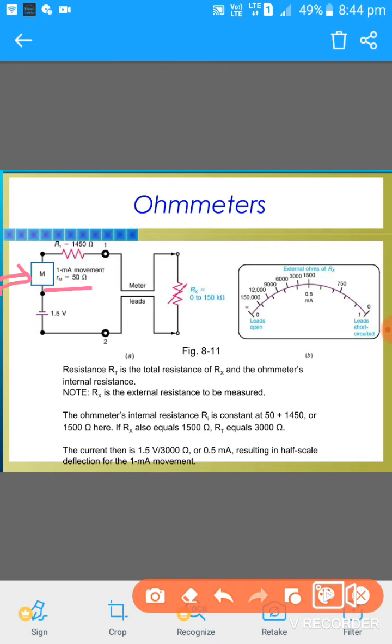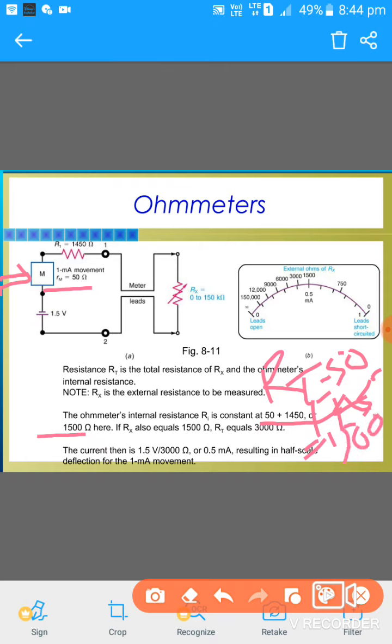So the total resistance is 50 plus 1450, that is 1500 ohm here in circuit A. Here one battery is also connected, the rating of the battery is 1.5 volt.